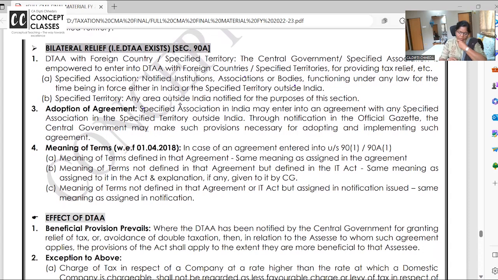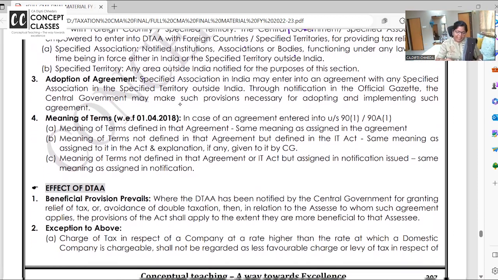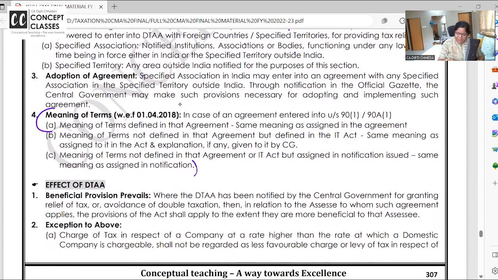Now, adoption of agreement by a specified association in India, this is all for reading, read it once. Sometimes there is no agreement between the countries, but there is an agreement between an association of a specified territory in India and the specified territory outside India, for giving relief like this. This part is important for MCQs.